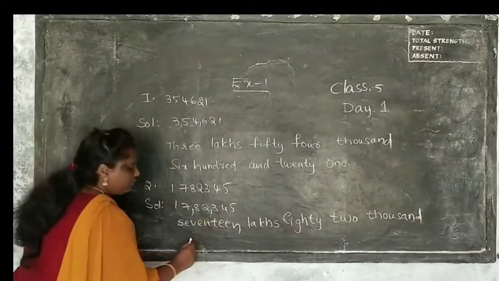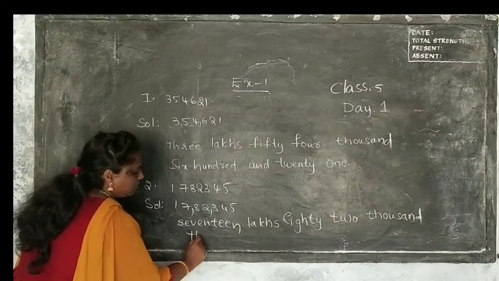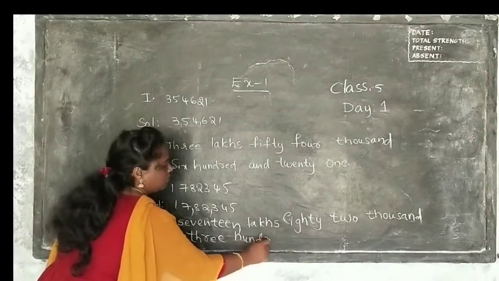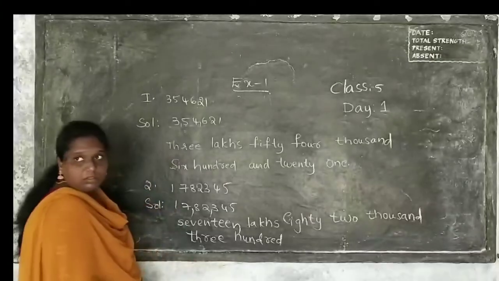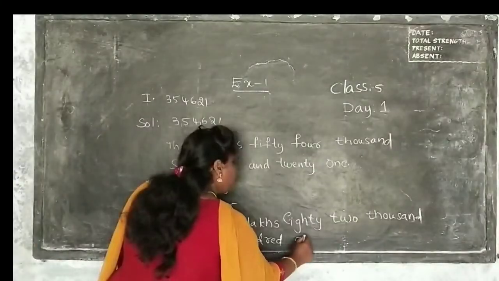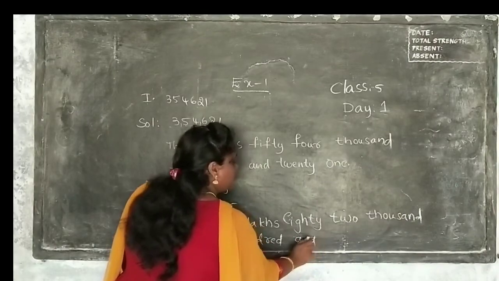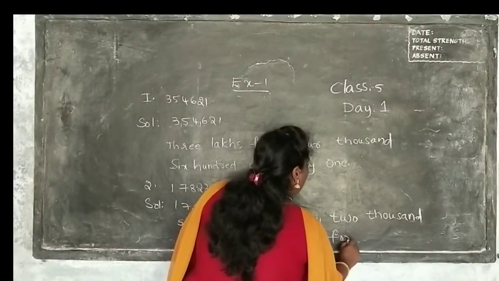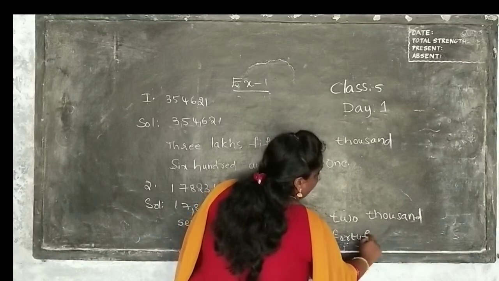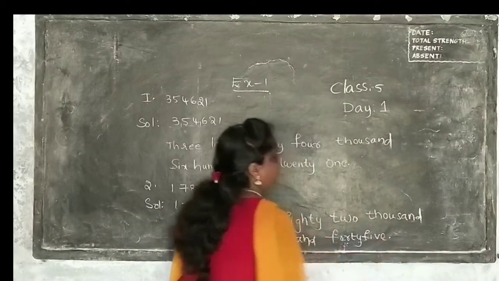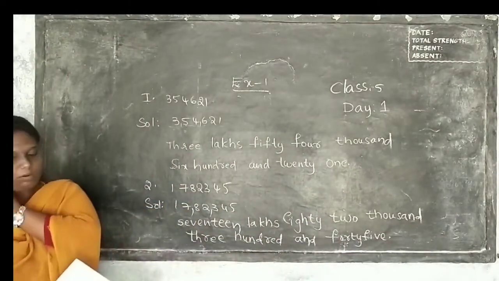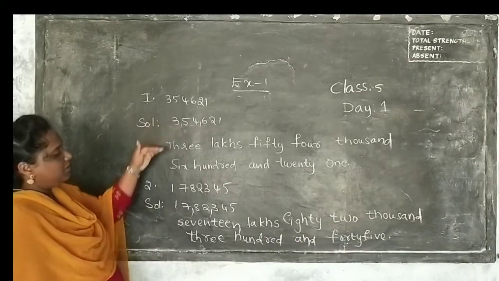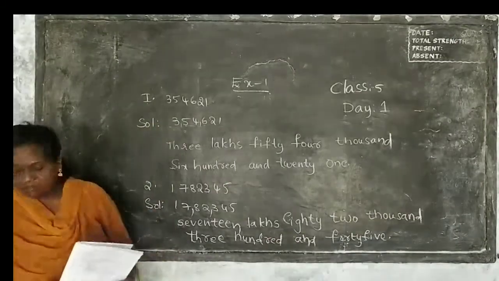Next, 345. Okay, so this is the process we have to do. First we have to insert the commas, then after that we have to write in words.